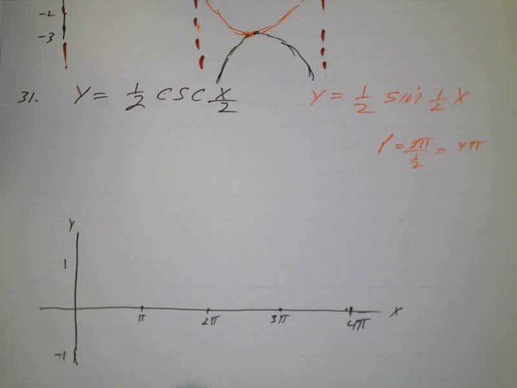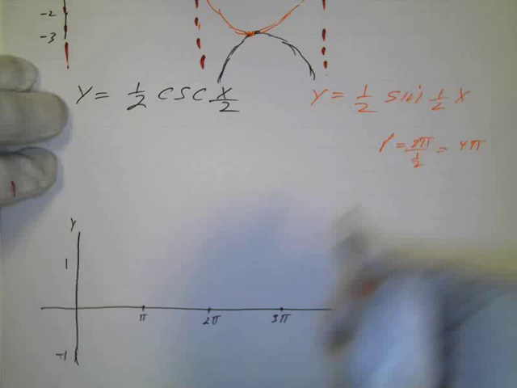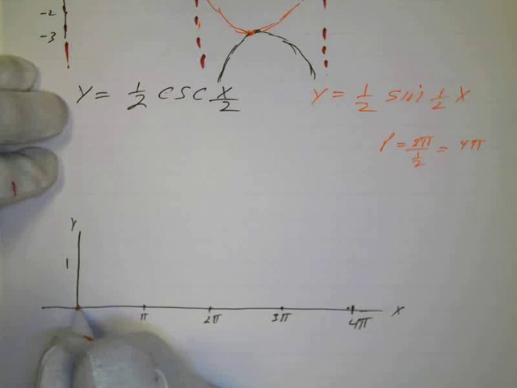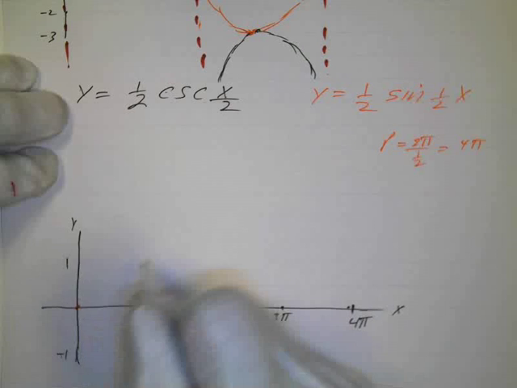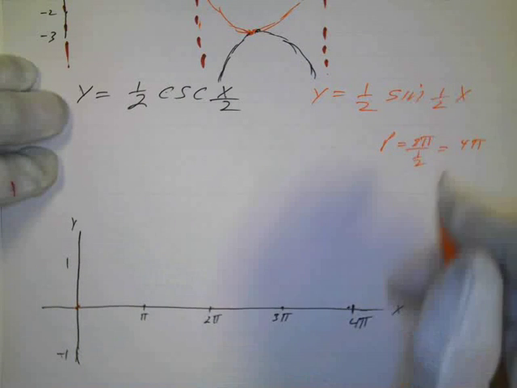And again, my reference function is going to be this one, so this is just going to be 1/2, so I start at 0. There's no shift, so that's alright, so I'm going to start at 0. And instead of going up to 1, I go 1/2. And that'd be my first subdivision.